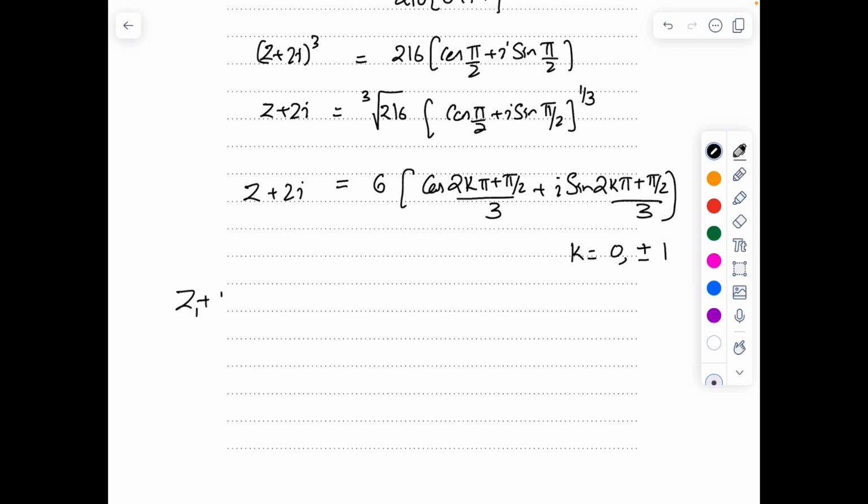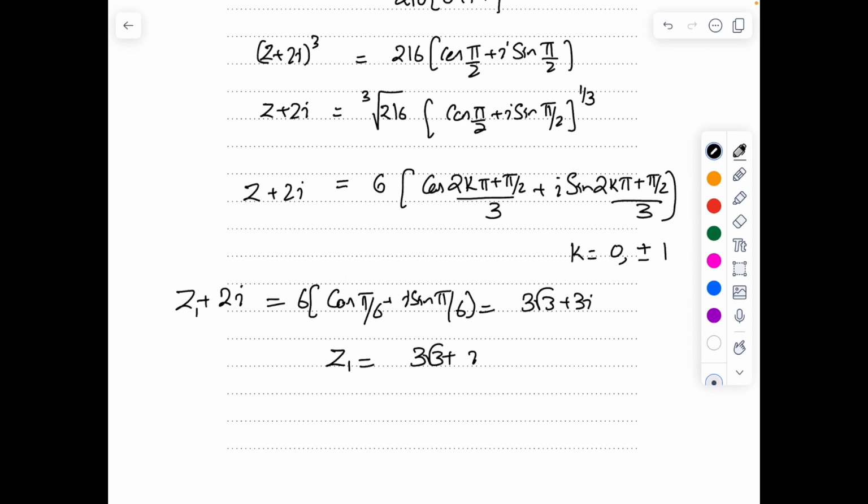So when I take 0, I get z1 plus 2i equals 6 times, I'm directly writing it out, cos π/6 plus i sin π/6, which is giving me the value as 3 root 3 plus 3i. So my z1 will be 3 root 3 plus i.